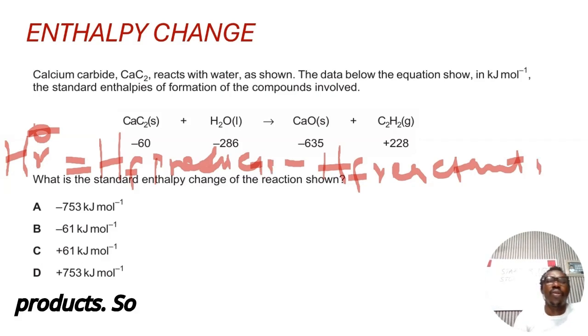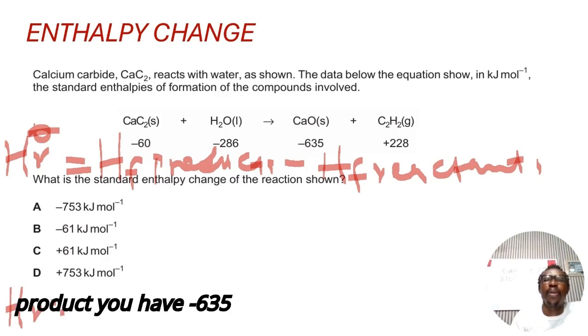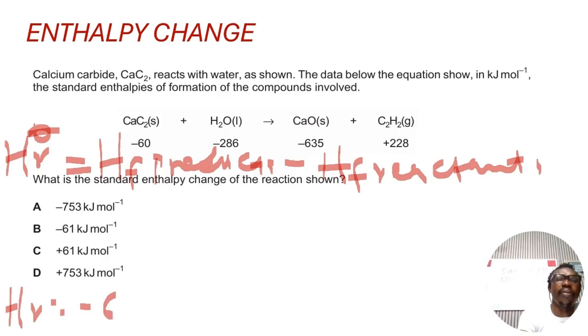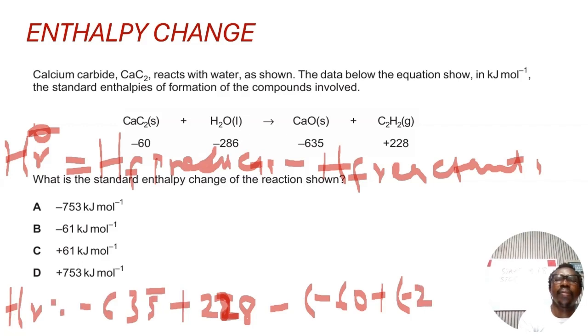So the enthalpy change of reaction: the products you have are minus 635 plus 228, minus bracket minus 60 plus bracket minus 286.